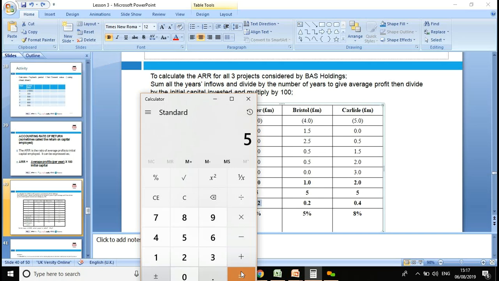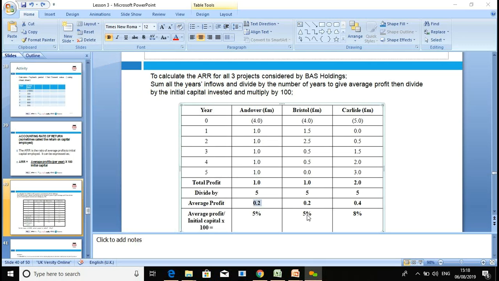If the bank gives us 5% and the investment gives us 5%, we'll prefer the bank because the bank is a secure investment, yes? So instead of investing money in a business. The second project has 5% as well.